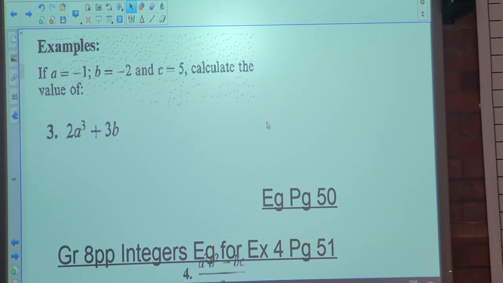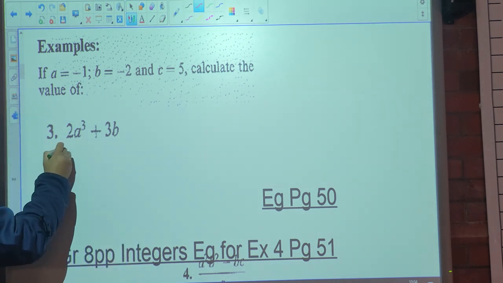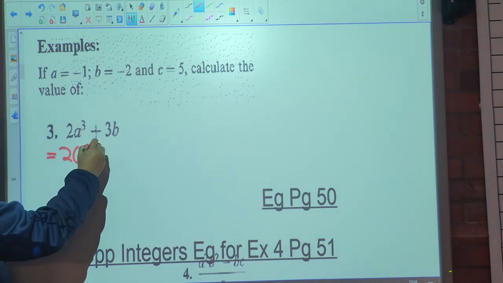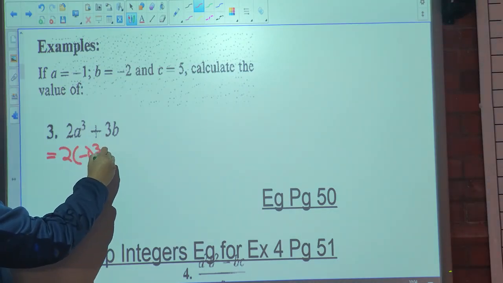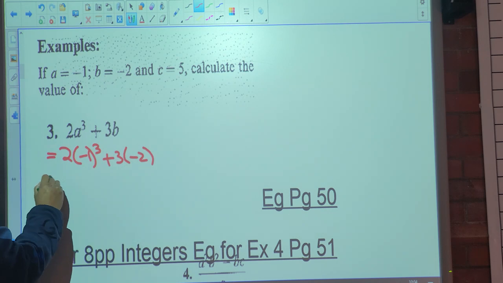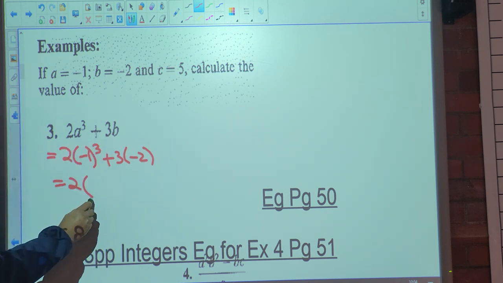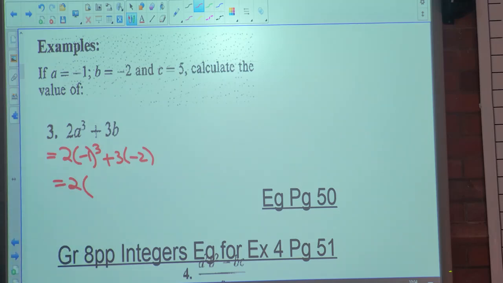Imagine. Right. Number 3: 2a cubed plus 3b. What needs to be done first? Substitution. So a is -1. Then -1 cubed, plus 3 times -2. So you're going to do the exponent first. So it's 2 times, what's negative to an odd exponent?